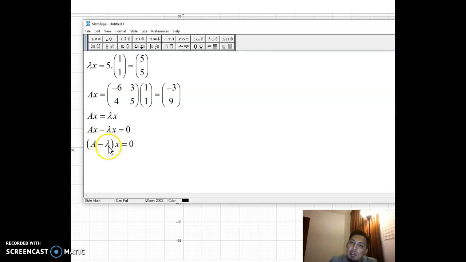As for this lambda, it is just a constant, which is not comparable. We cannot conduct any operation because they have a different form. So to make sure that this is also in matrix form, we are going to multiply it with the identity, which will change this into a matrix equivalent to A.